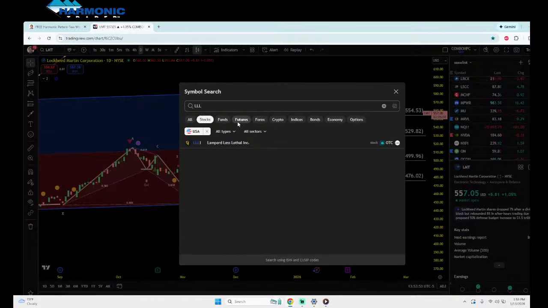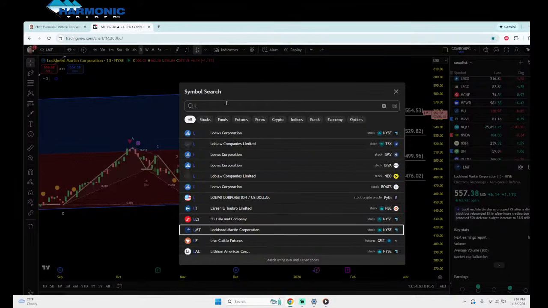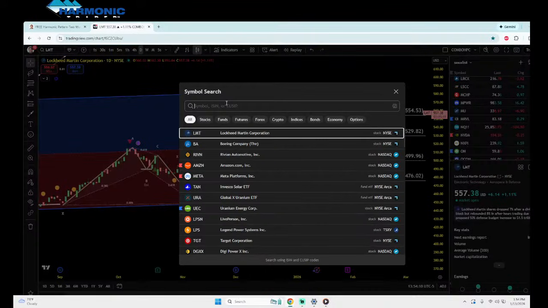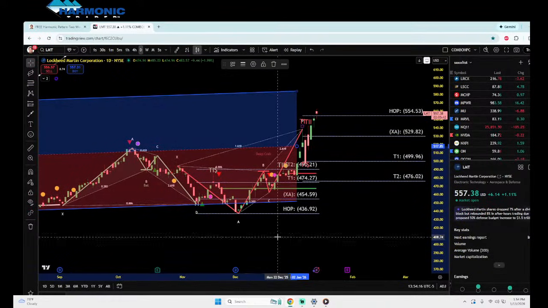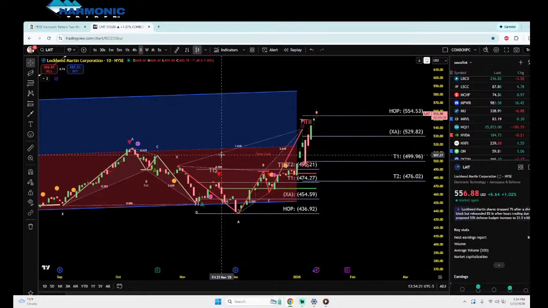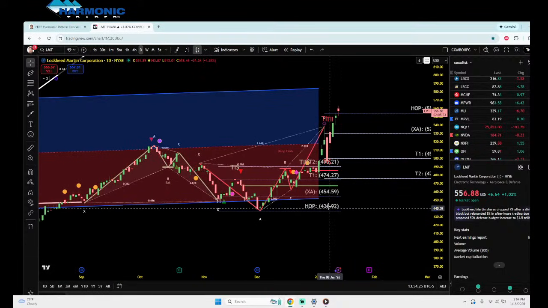Where'd he go? That's not it. Hold on. I'll come back to that. But Lockheed Martin, yeah, Boeing, yeah, I think we can look at these. They're definitely going to continue this uptrend. If anything, they're probably in a new phase, a recovery phase.